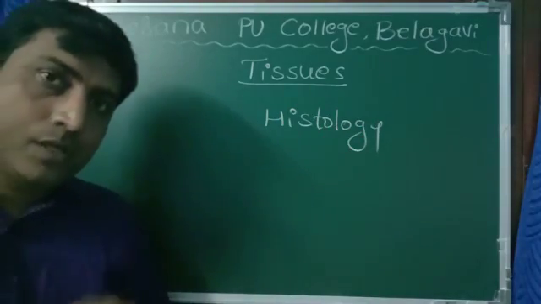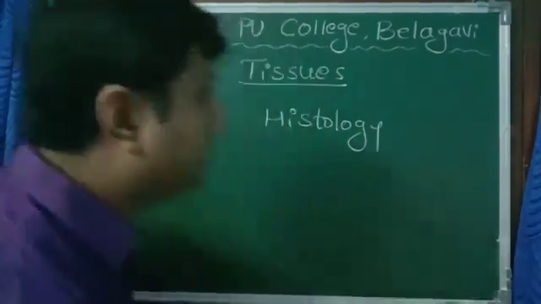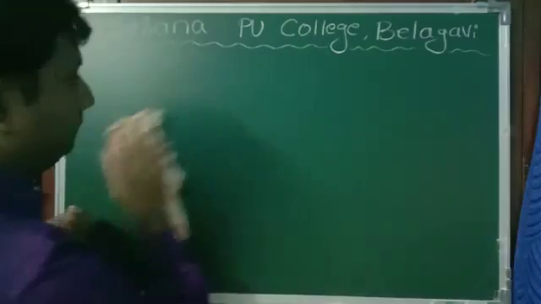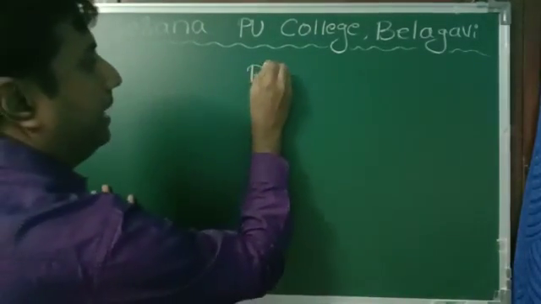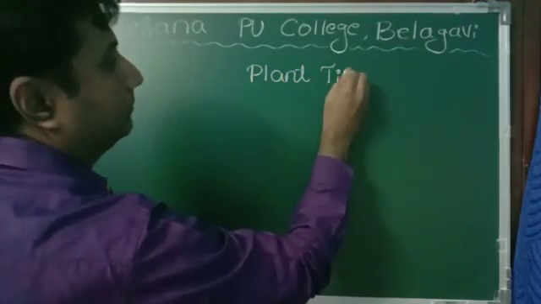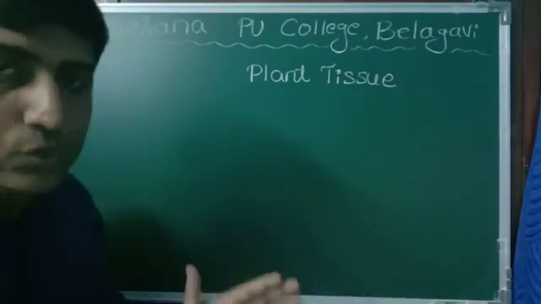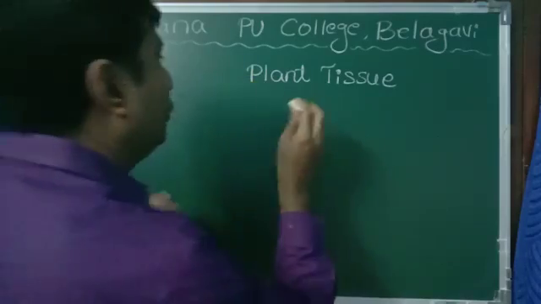Let us see which are the different types of tissues found in plants first. Plant tissues are broadly divided into two categories or two groups.